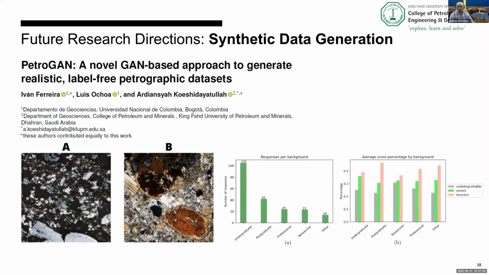We also did a survey here, and maybe some of you also answered this survey, and mostly we got incorrect answers, right? So it means many people cannot differentiate between real and synthetic, and mostly it's indistinguishable, which is great for us, right? It means even humans cannot differentiate it, then it will be very helpful for the machine to use it as a dataset.